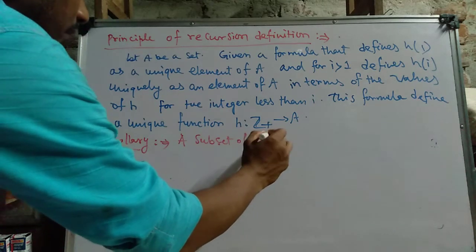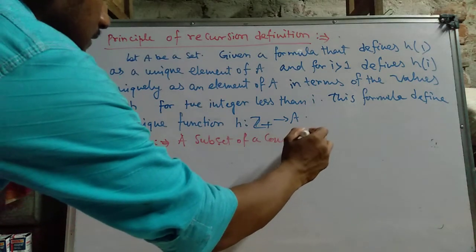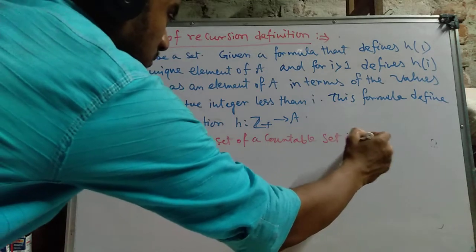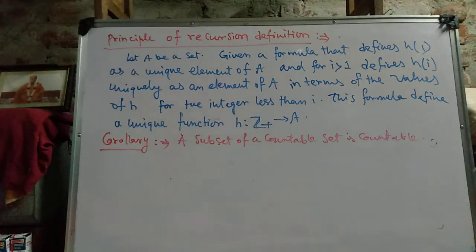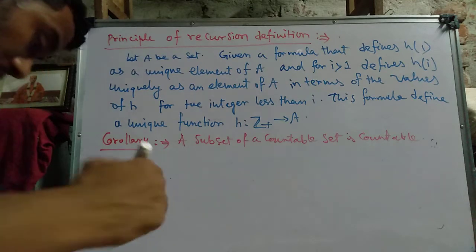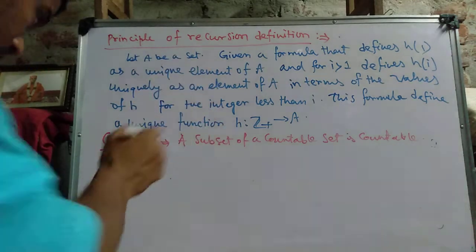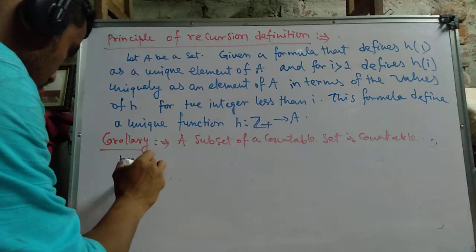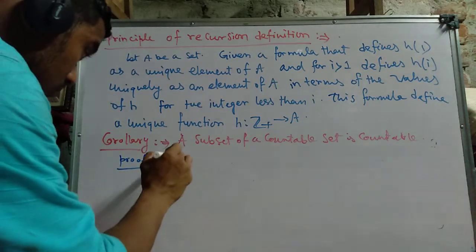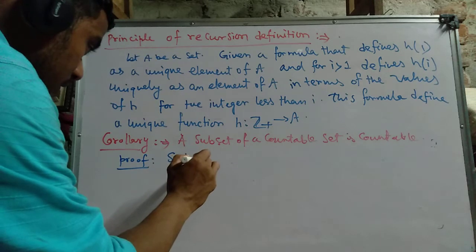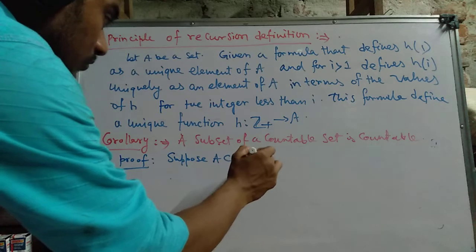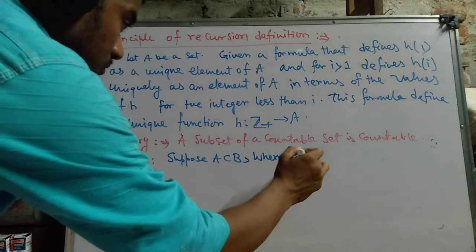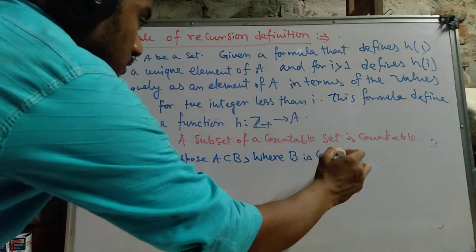Suppose A is a subset of B, where B is countable.